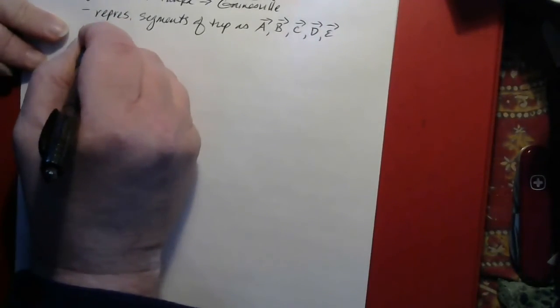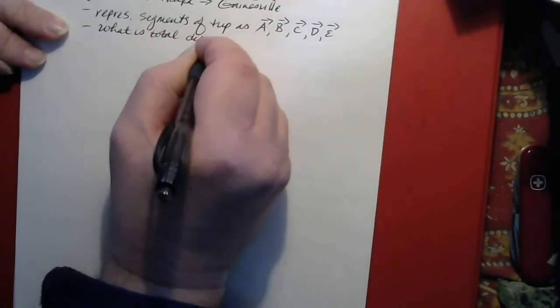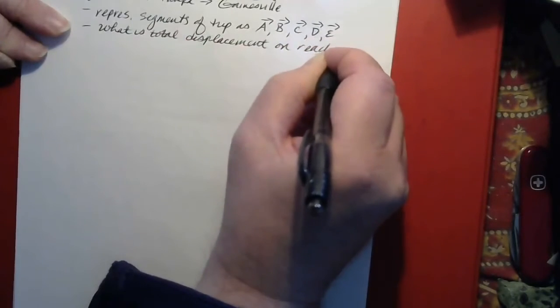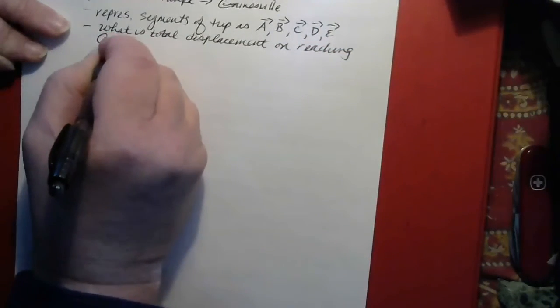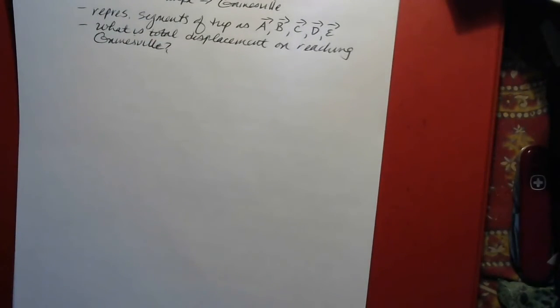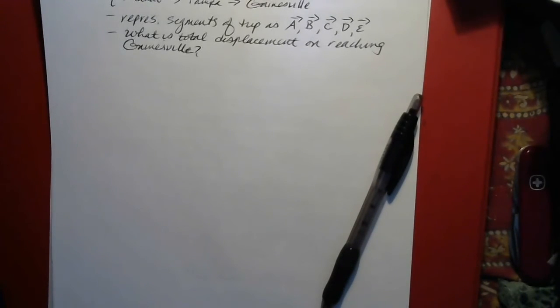And then the question is, what is the total displacement when you reach Gainesville? Well, if you have the map, actually, if you look at the map that they provide in the textbook, I'm not sure why you wouldn't just take your ruler and measure the distance from Tallahassee straight to Gainesville, because that's your final displacement.